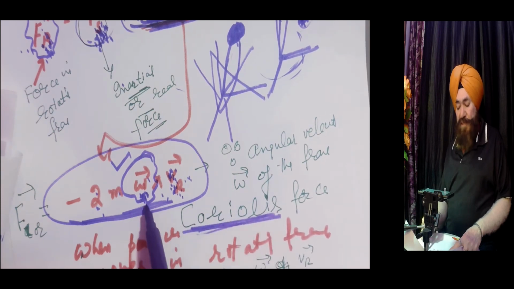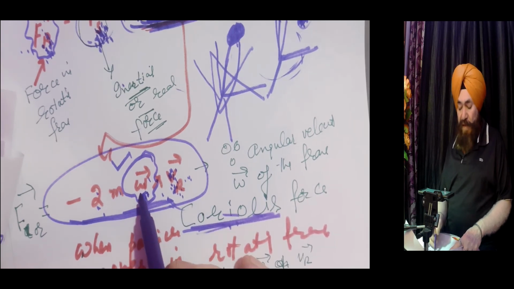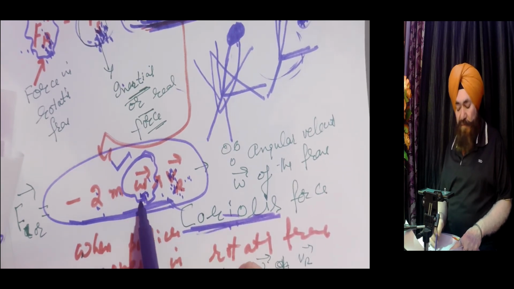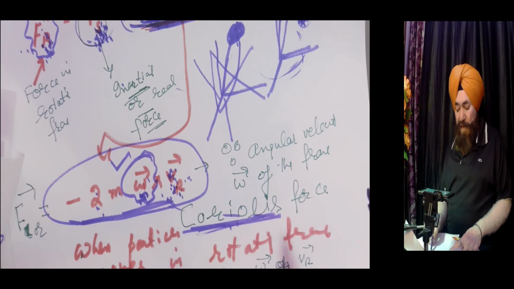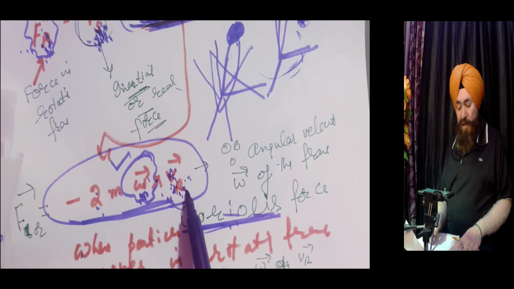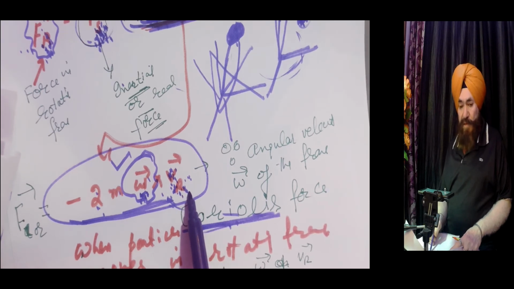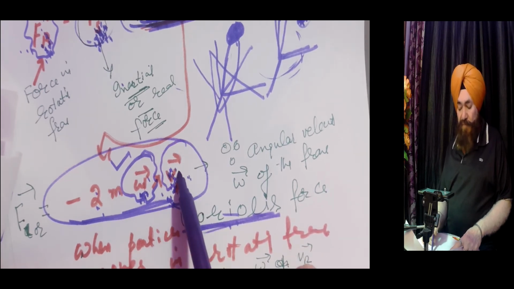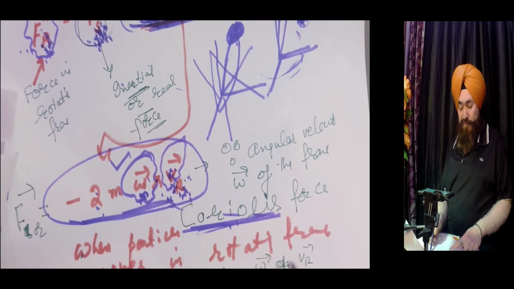The Coriolis force arises because the frame is rotating as well as the particle having some velocity, and this is the velocity of the particle when observed in the rotating frame.